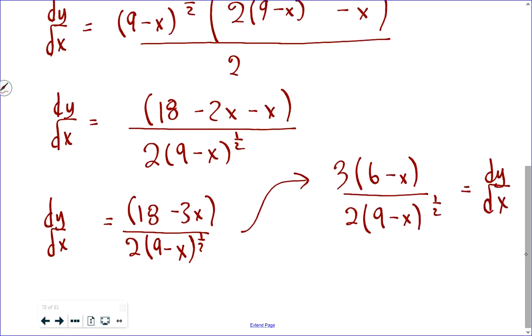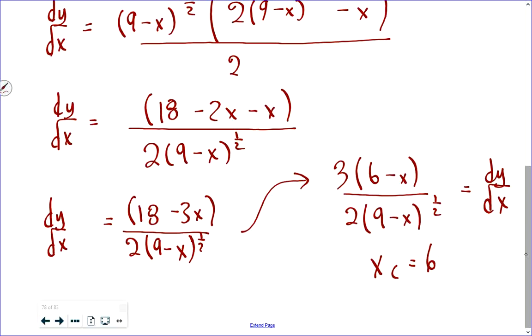So what are the critical values of x? What are the values of x that make the derivative 0? Well, a fraction is 0 if the numerator is 0. So if x equals 6, that makes the derivative equal to 0.